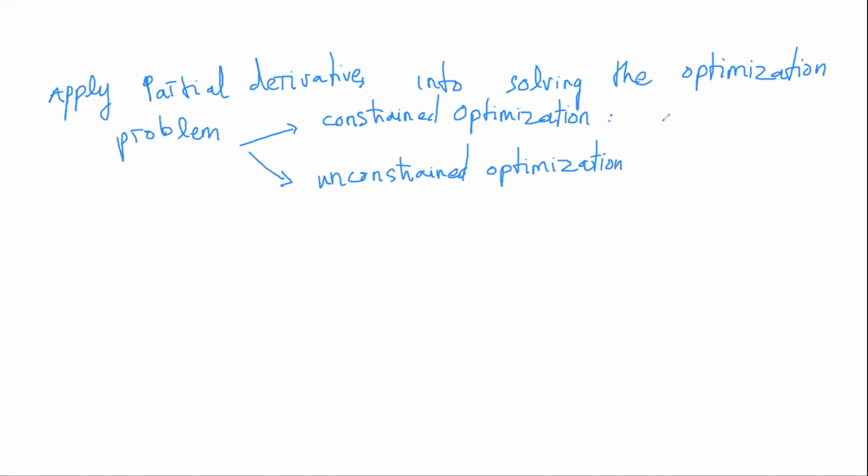So for unconstrained optimization, you will have to consider fx, fy equal to 0. And from here, you find the stationary point, right?